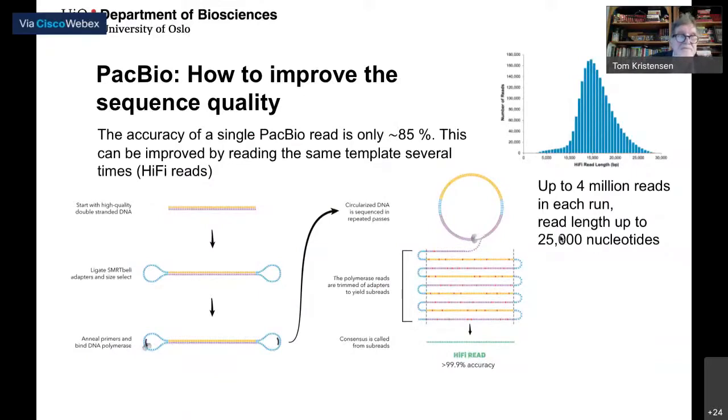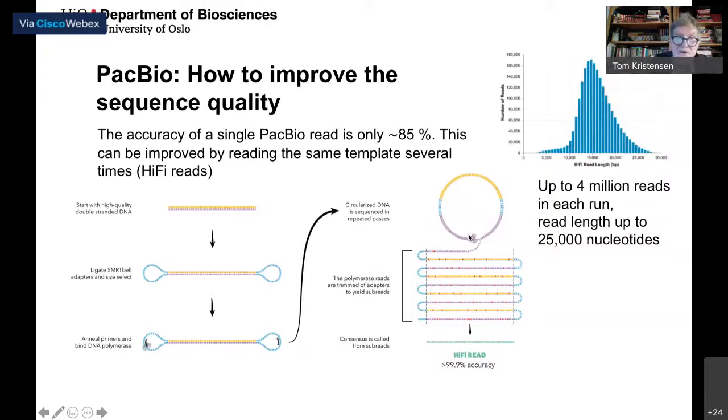But the people at Parkview have gone to large steps to improve the sequence quality, and the solution to this at the present stage is that they start with something like this. This is a purified double-stranded DNA. They ligate special adapters at the end here so that you end up with a molecule which is actually circular once you denature it.